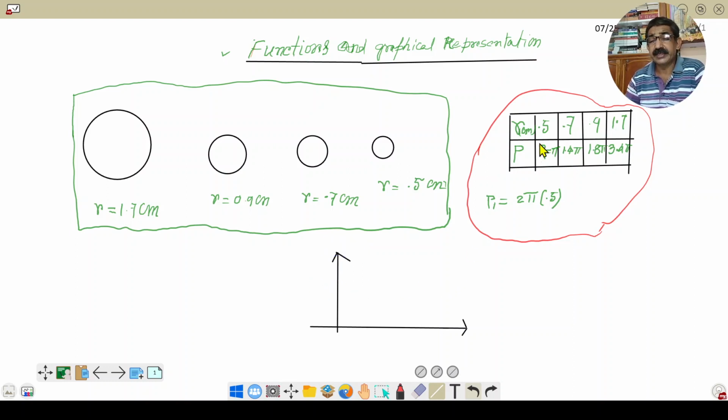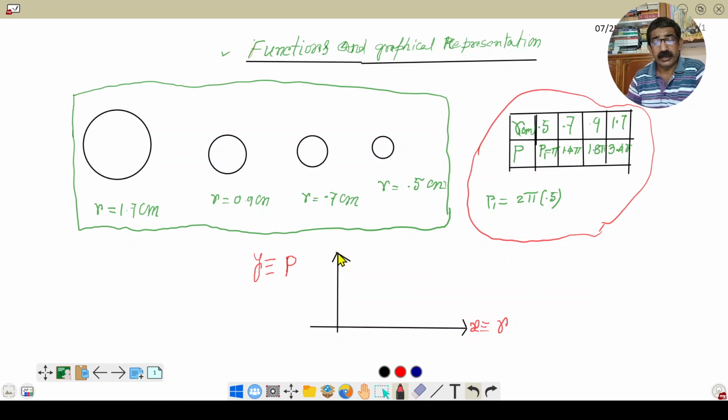So for each set of radius and periphery, suppose x is equivalent to the radius and y is equivalent to the periphery, equal to p.